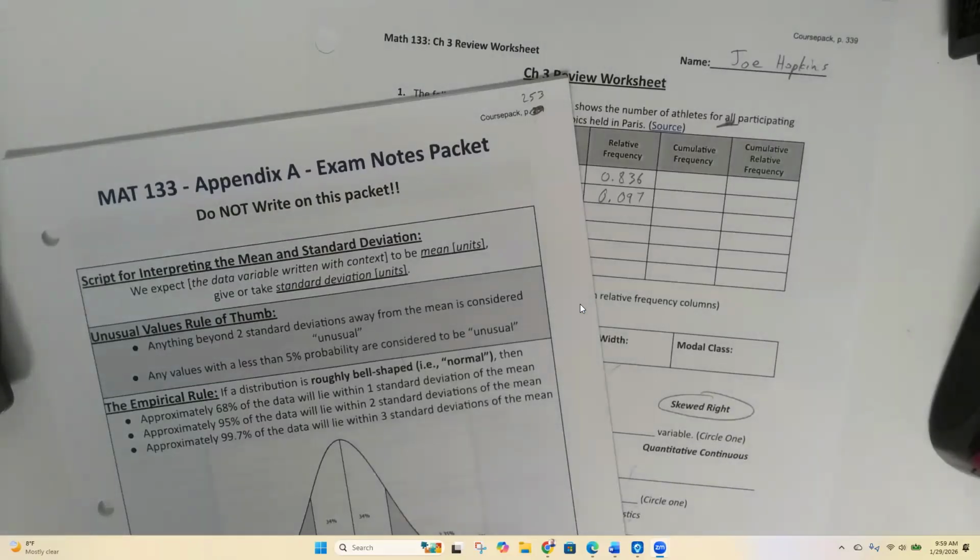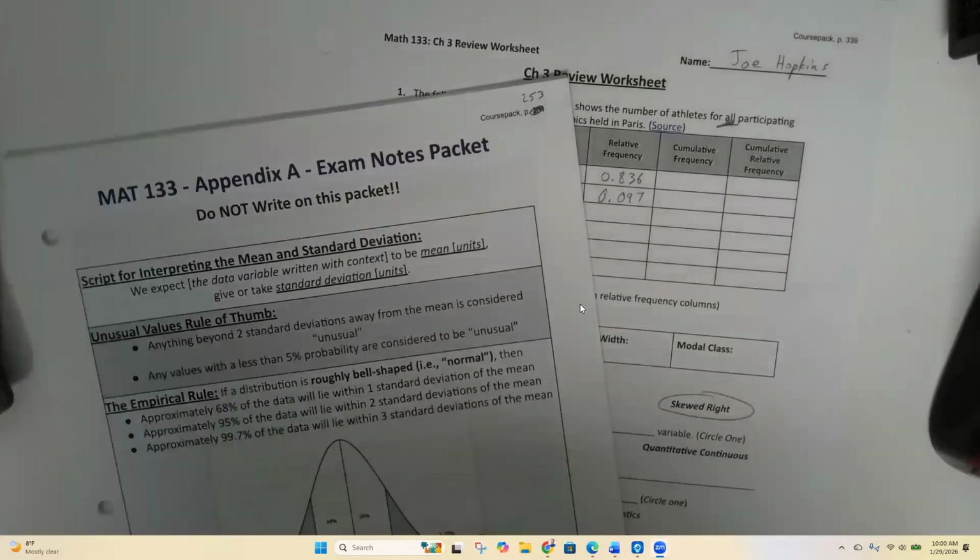The exam notes packet, though, you'll be able to use this on test day. You'll be able to have this in front of you. There are a lot of things to talk about in this class, and there are formulas and stuff like that. This is not a memorization class, and math itself should never be just rote memorization. Math is about learning how to solve problems, and there are times where there's some formula out there, but you don't need to have it memorized.